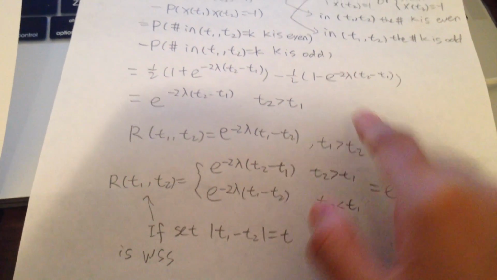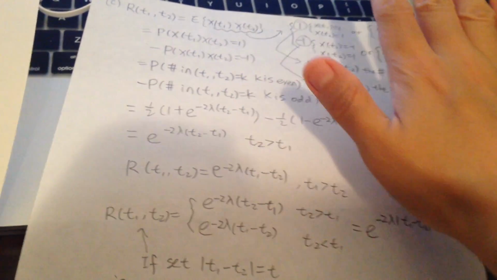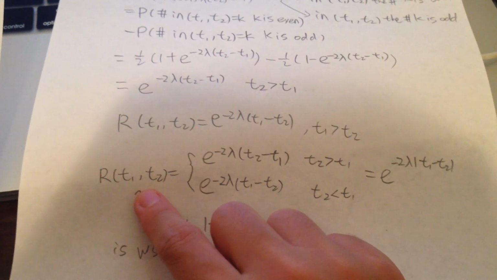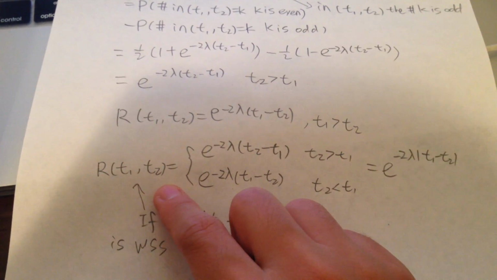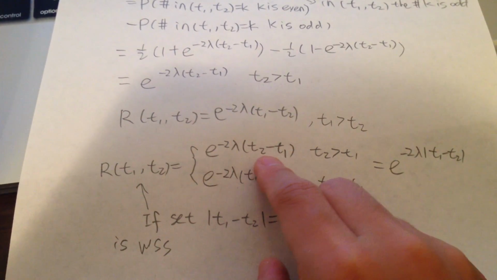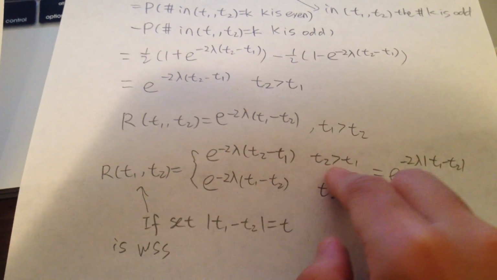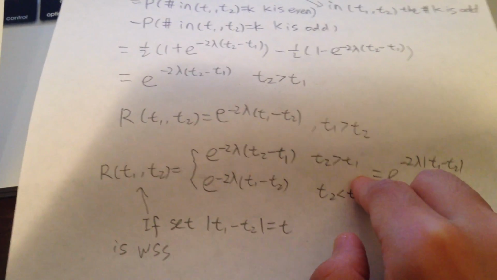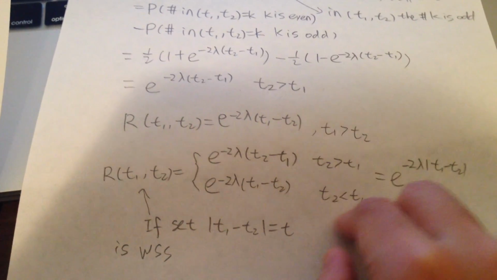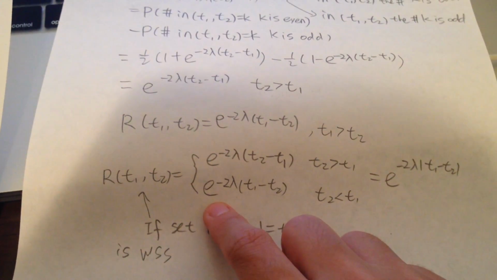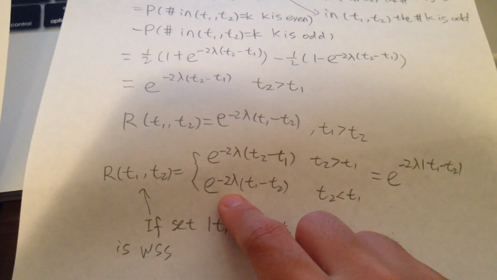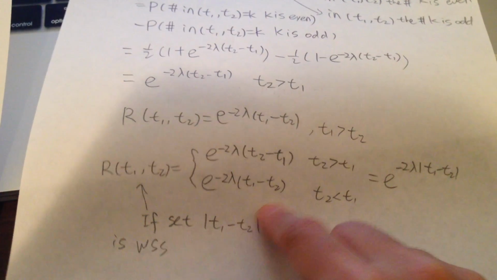In conclusion, considering all the conditions we have gotten, the autocorrelation of T1 and T2 equals e to the power of minus 2 lambda (T2 minus T1) when T2 is greater than T1. Otherwise, when T2 is less than T1, the answer is e to the power of minus 2 lambda (T1 minus T2).